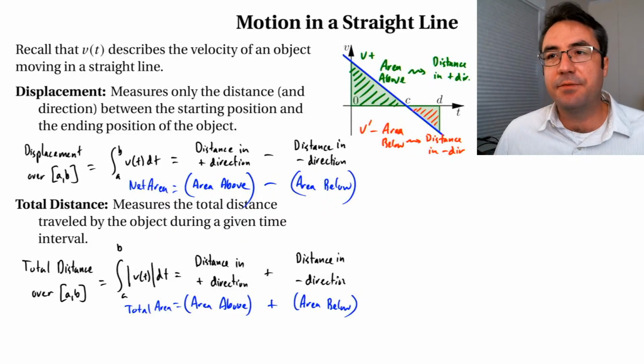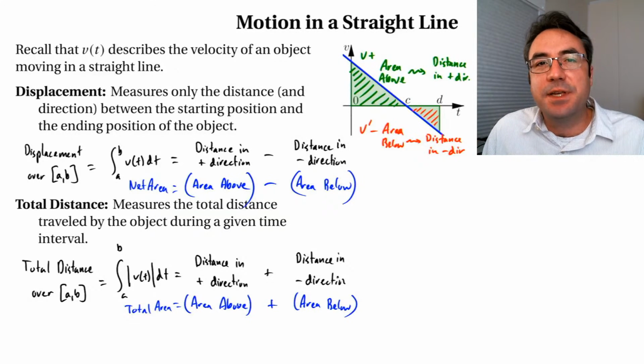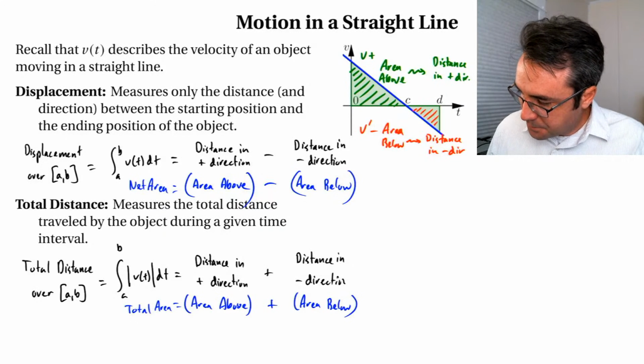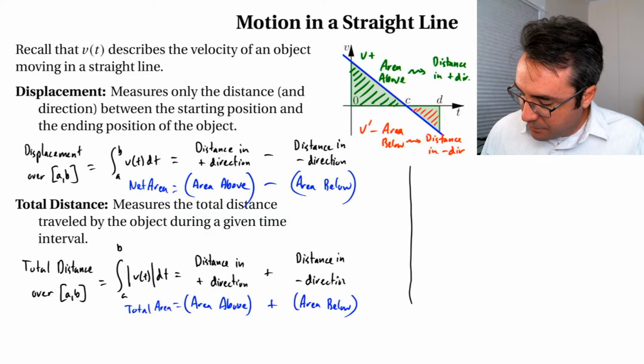Let's look at this graph a little bit more and get some feel for how these calculations work. Let's just describe how this object is moving if this were its graph. So let's say we have a vertical line.